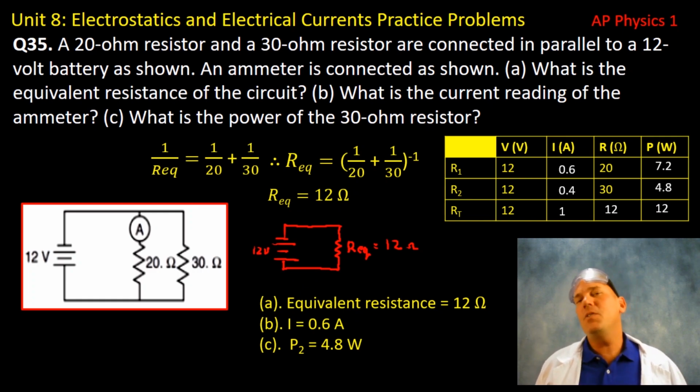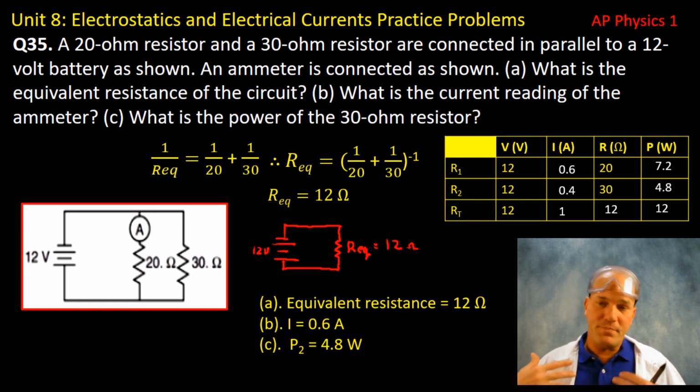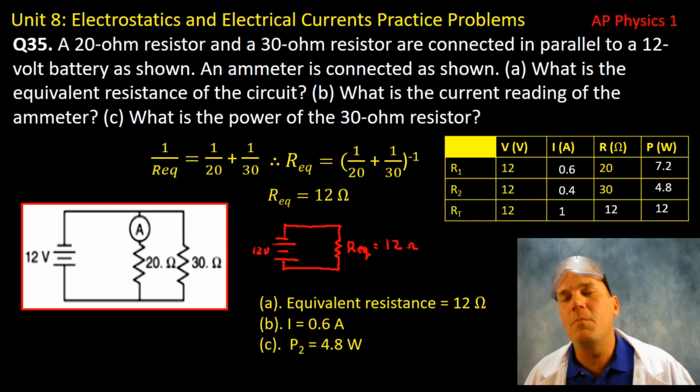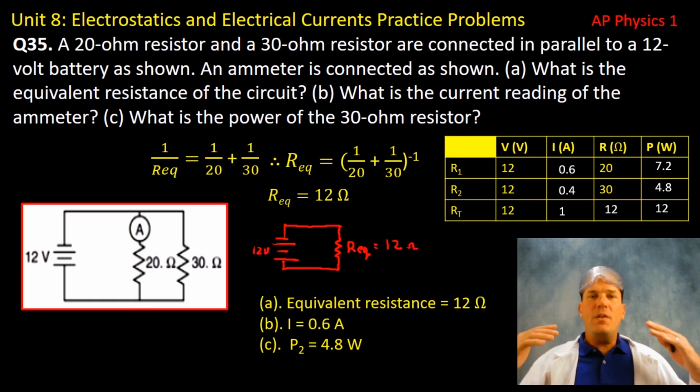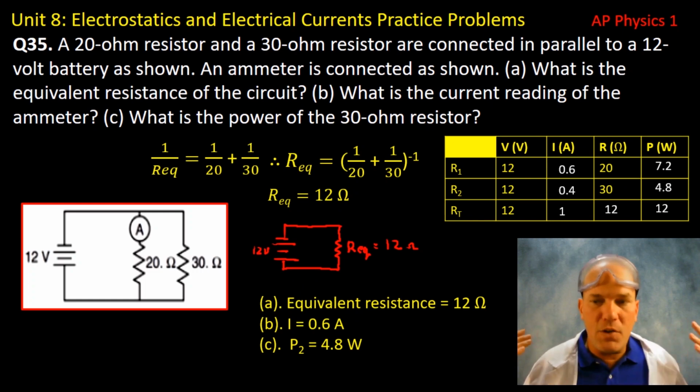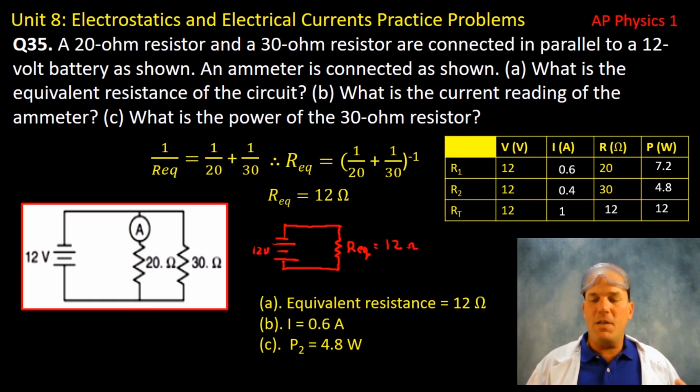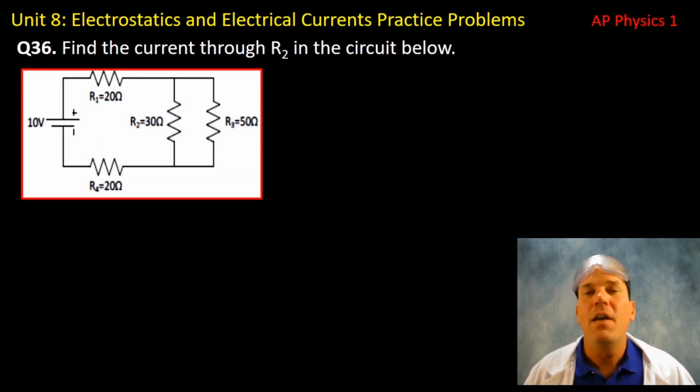Lastly, we can use any equations we'd like to solve for power. Typically, we'll use current multiplied by voltage to get 7.2, 4.8, and 12. And specifically to answer part C, 4.8 watts would be the rate of energy dissipation across that one element in the circuit.